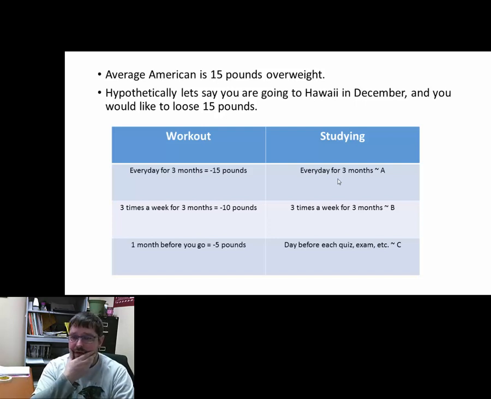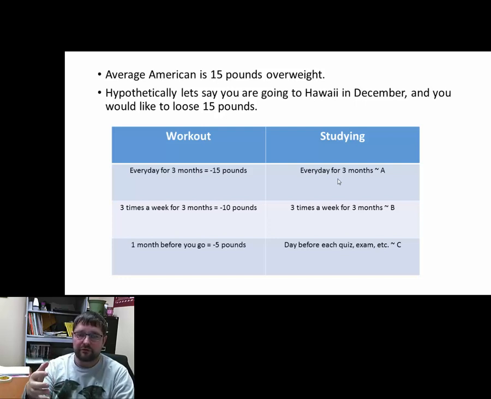C's are average. If you study the day before the quiz or day before the exam or maybe even a couple days before the exam, you're probably going to earn a C, okay? Which is average. But most individuals that are taking something like an animal biology course, you're not after a C. A C is not going to do it for you because there's a lot of competition into getting into med schools and vet schools and pharmacy schools and things like that.